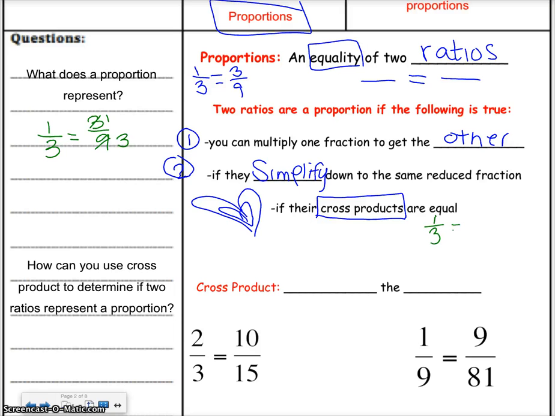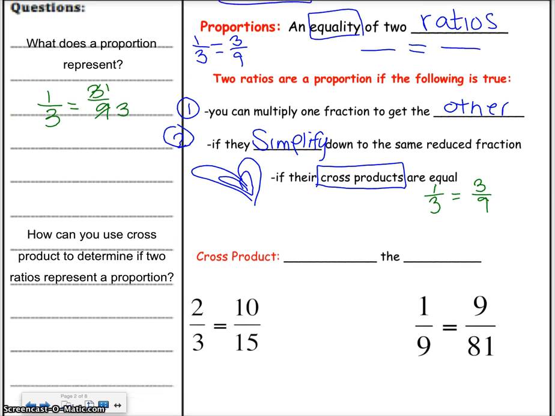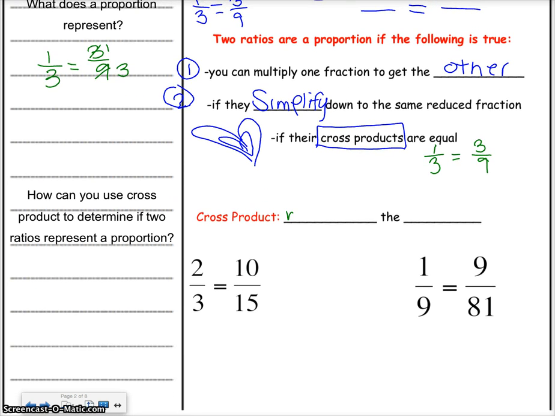Let's go back to 1/3 is 3/9. A cross product is when you multiply the diagonals. Cross, diagonal, product, multiply. That's what that means. Cross product. Multiply the diagonals.